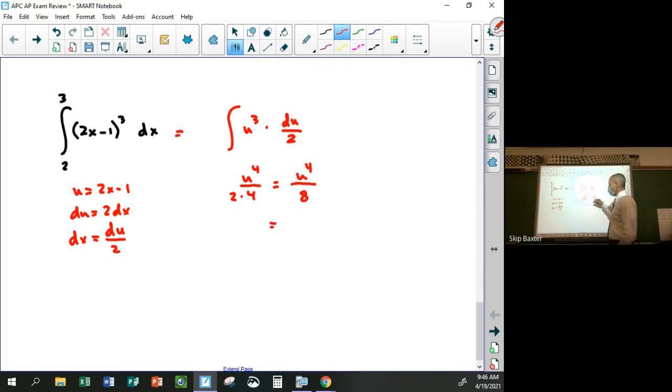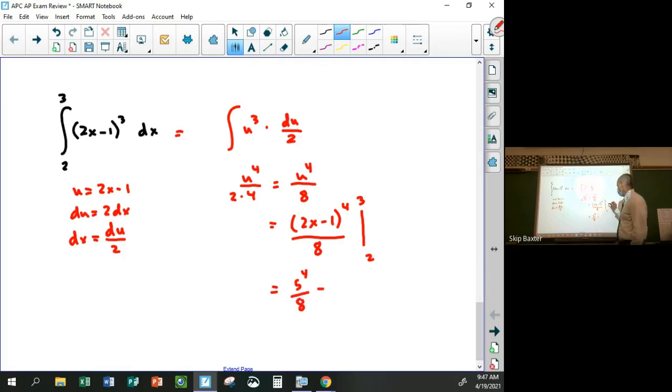Then substitute back into x's, 2x minus 1 to the 4th over 8, and evaluate it from 2 to 3. If you plug 3 in, you get 5 to the 4th over 8. And if you plug 2 in, you get 3 to the 4th over 8. So that's the answer. That's one way to do it.